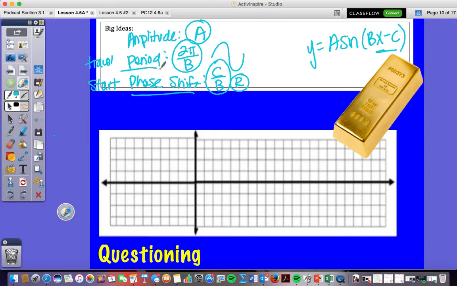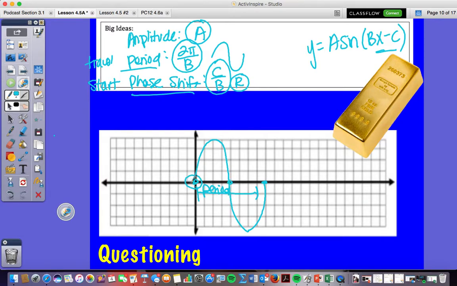So when we go to amplitude, period, and phase shift, we know these 3 are what we attack it with. Okay. So real quick, as we attack this graph, here we are. We go up, down, and there we are. That right there would be a distance of a period.